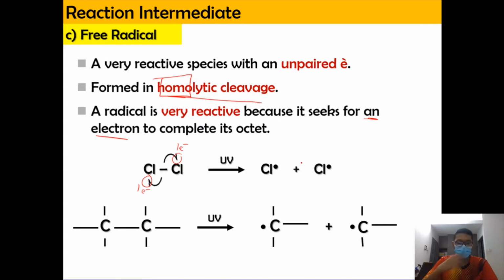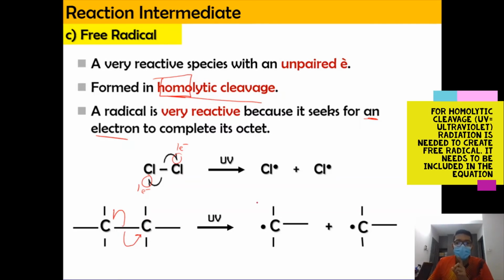Also, you can use it for a carbon-carbon single bond here, because carbon and carbon will have the same electronegativity. So it will undergo homolytic cleavage, one electron going here and one going there, and the conditions are very strict. So you must not miss out the UV, because UV here is very, very critical. You need to include that for homolytic cleavage.